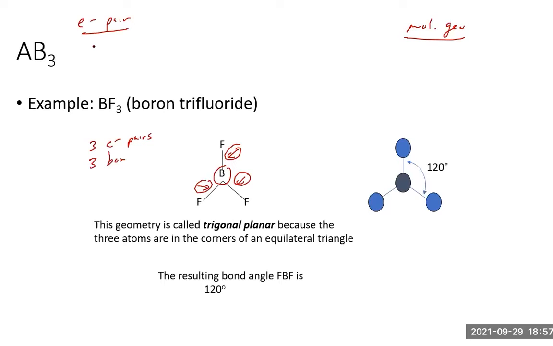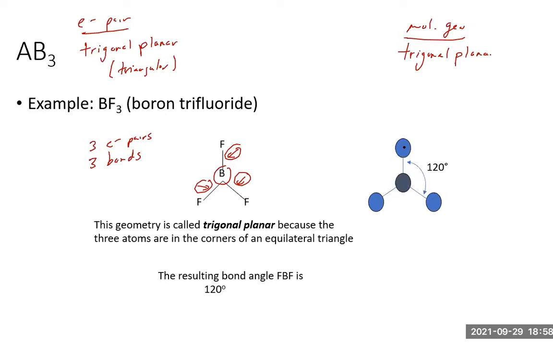Something with 3 electron pairs has an electron pair geometry of trigonal planar, sometimes referred to as triangular. Because these are all bonding electrons, the molecular geometry actually ends up being the same, trigonal planar.